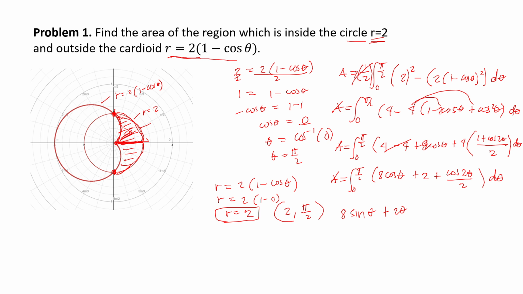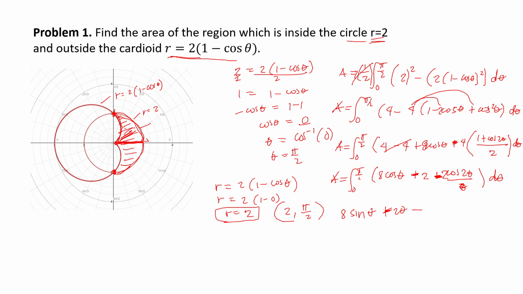Alright, this is negative, and this one is negative. So negative 2 theta, minus negative 2 cosine 2 theta. Oh no, this is 2 rather.